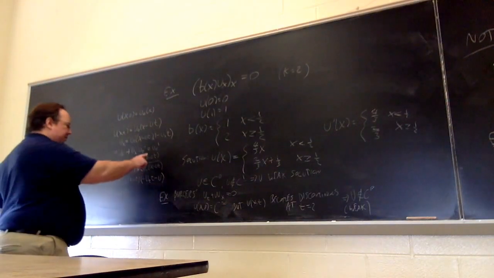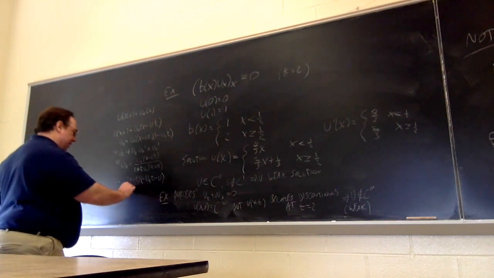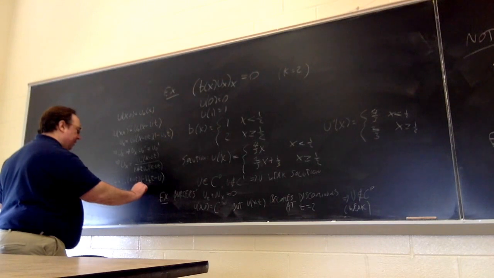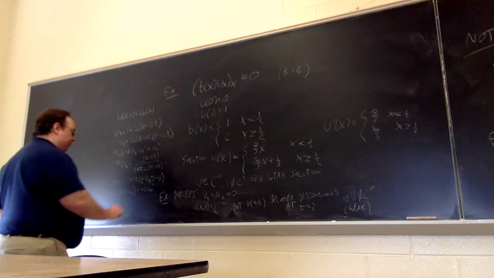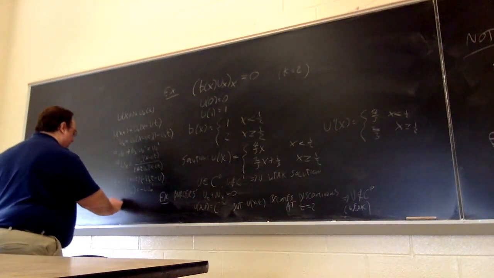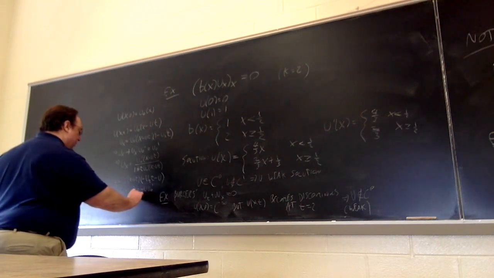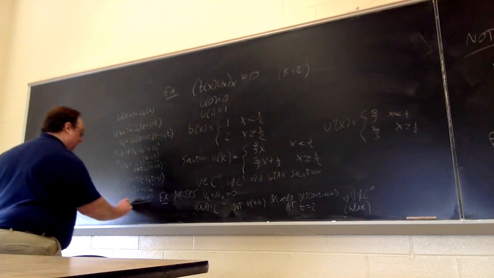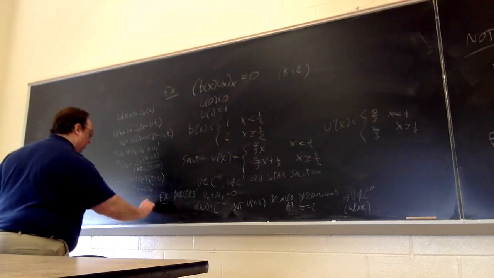Okay, so 1 plus t u naught prime times u_t is equal to minus u naught prime. So then I can solve for u_t, which is equal to minus u naught prime of x minus ut over 1 plus t u naught prime.